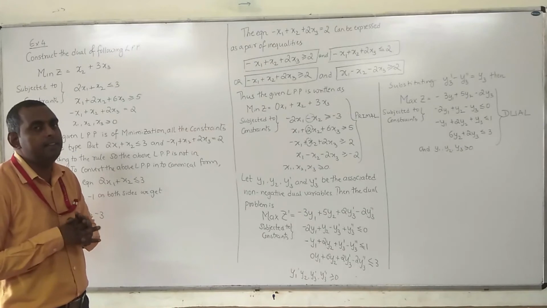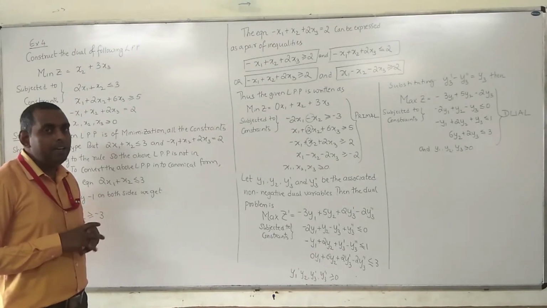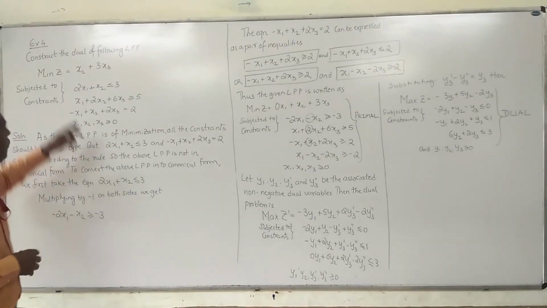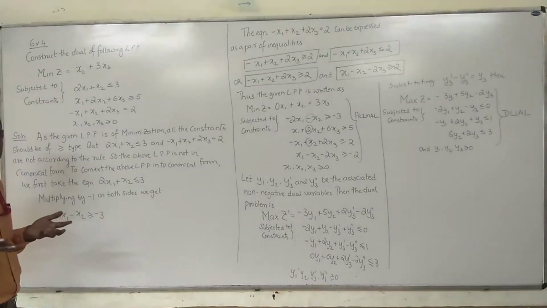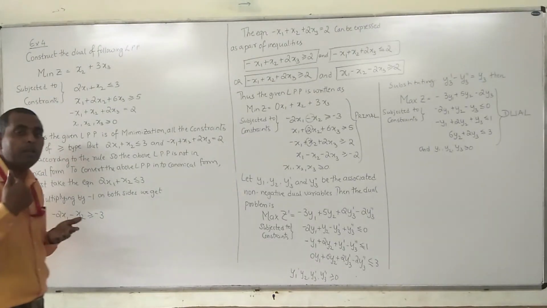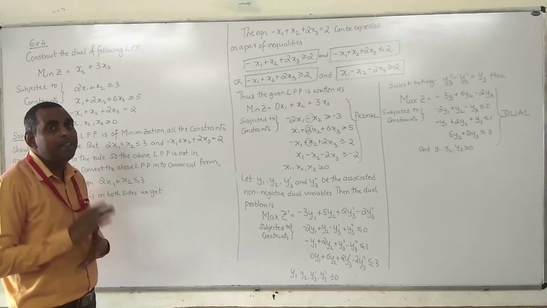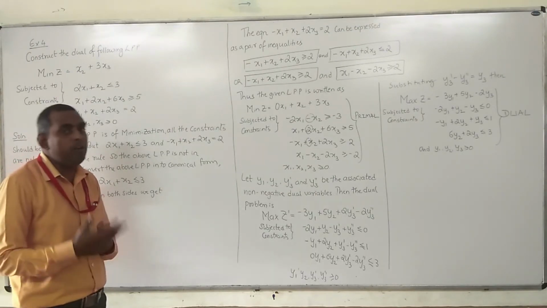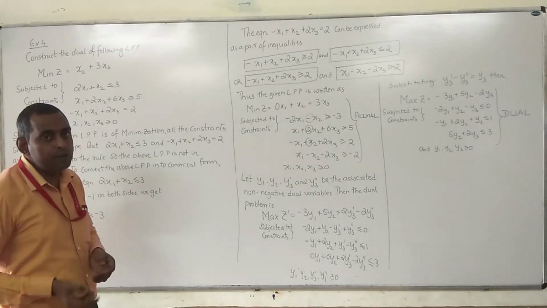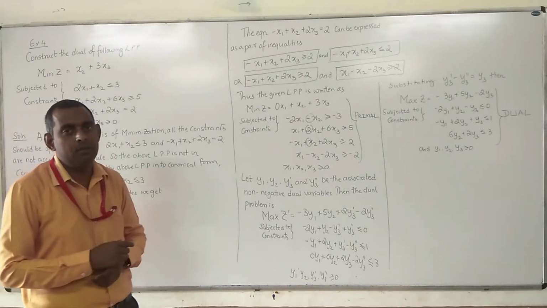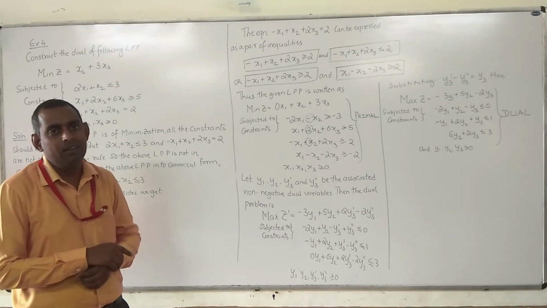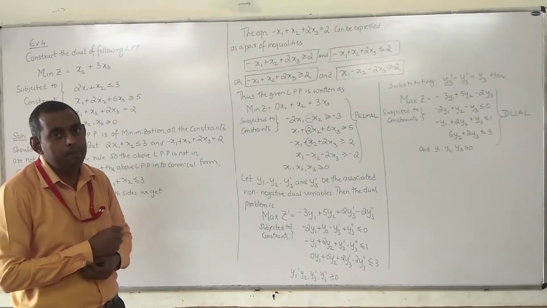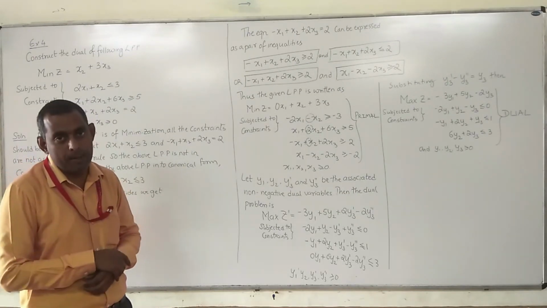The reason is that if the objective function is to be minimized, then the respective constraints should be of greater than or equal to type. In the same way, if the objective function is to be maximized, then the constraints should be of less than or equal to type.